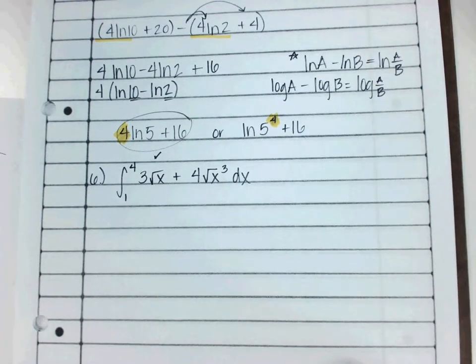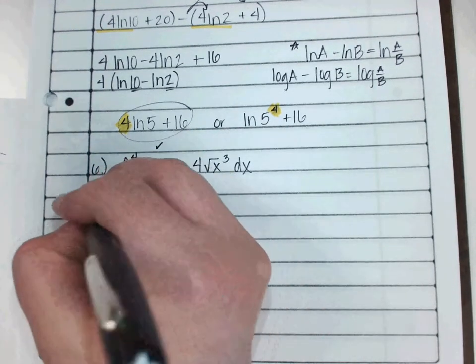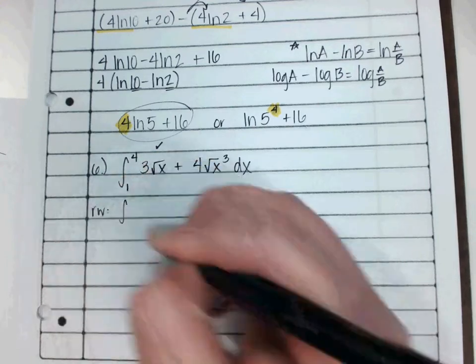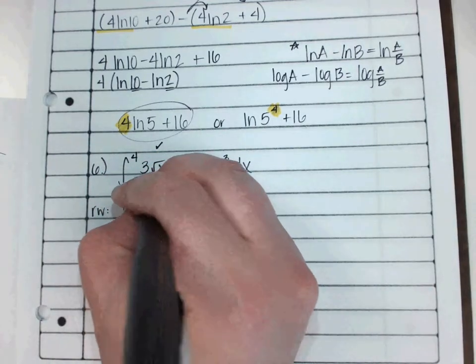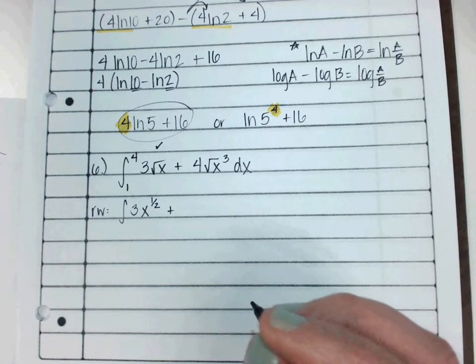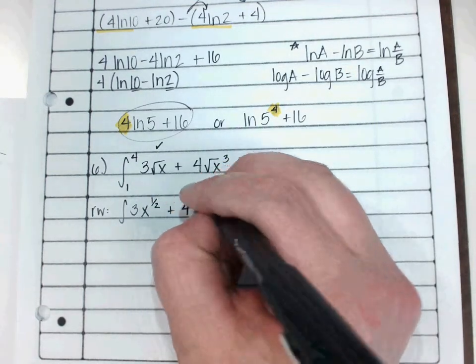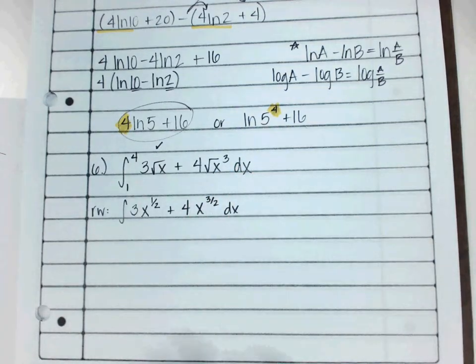What do you guess we're going to do first? I'll rewrite my integral as 3x to the what if it was a square root? 1/2. Remember it'd only be negative if it had been on the bottom. Then my x square root to the 3, that's really x to the what? 3/2 dx.